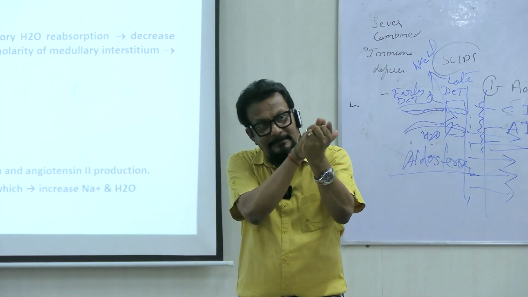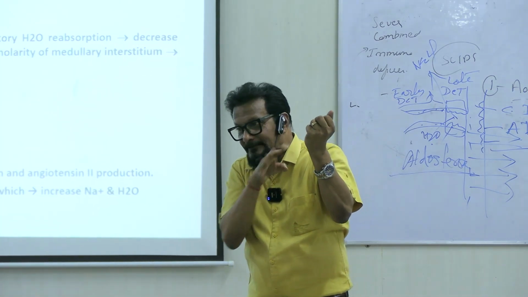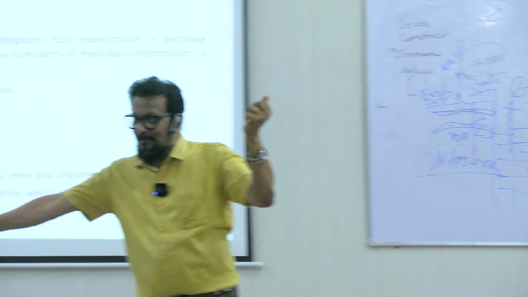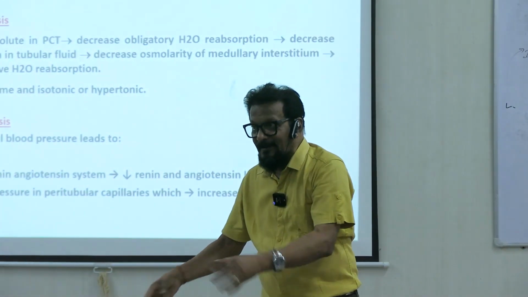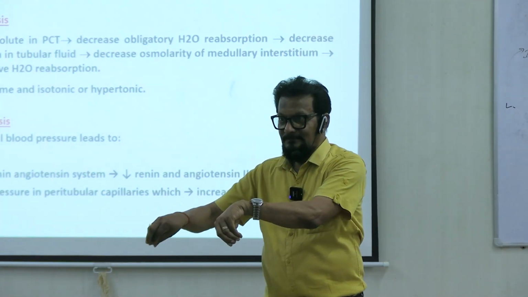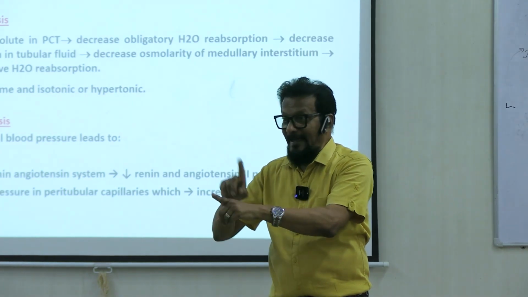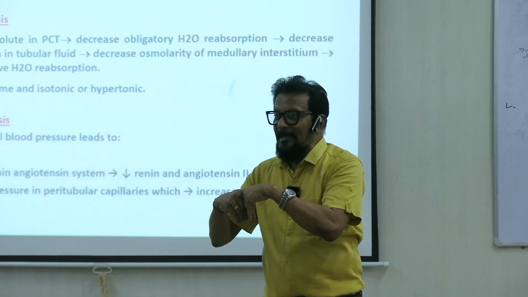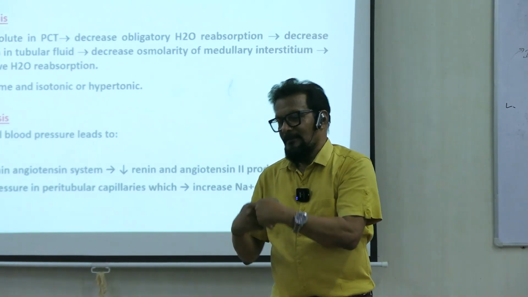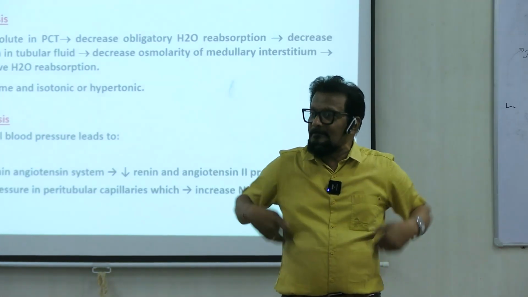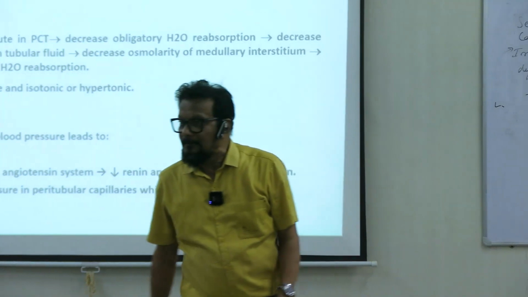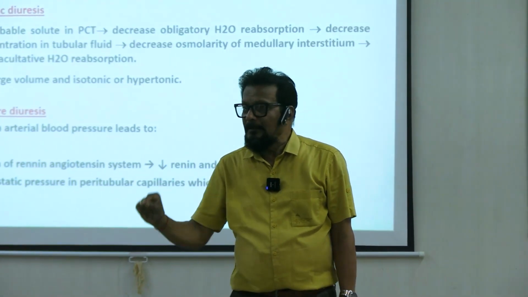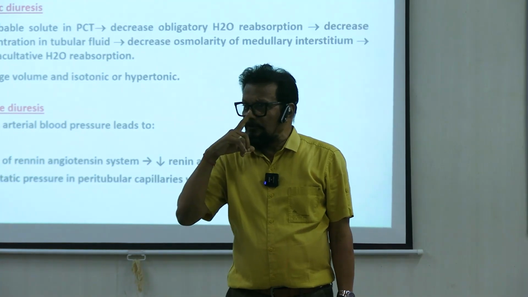When it is stimulated, ADH travels through axoplasm to the posterior pituitary and is released from there, not directly into the blood but into the ECF. From the ECF it is absorbed into the blood, circulated, and comes to the kidney.